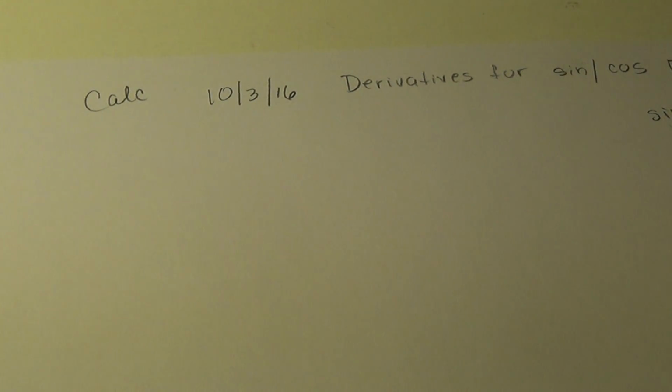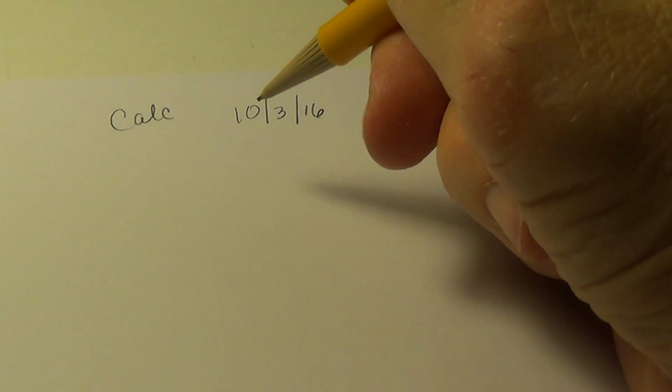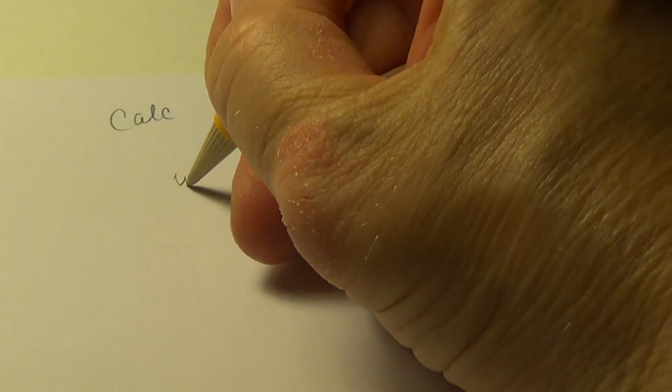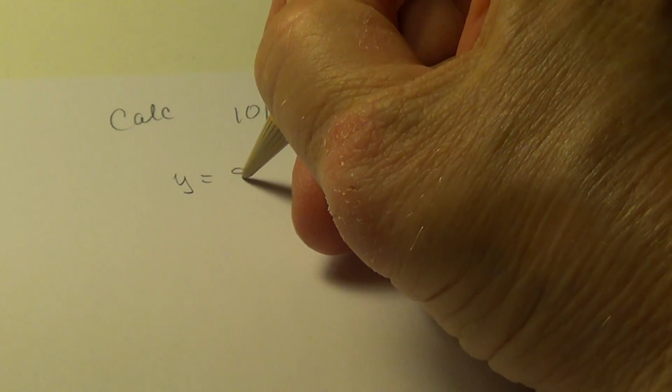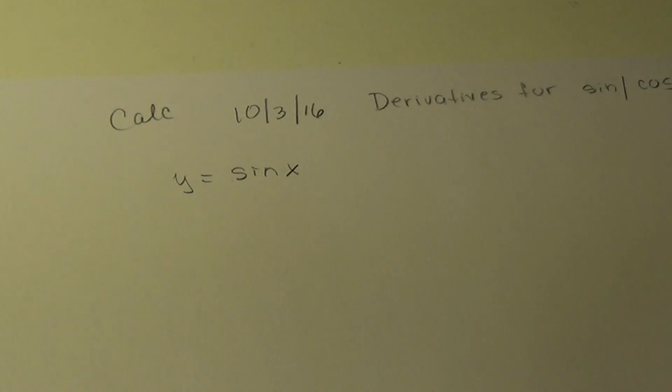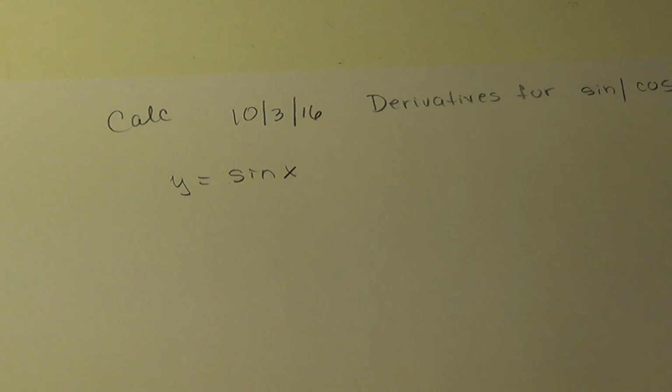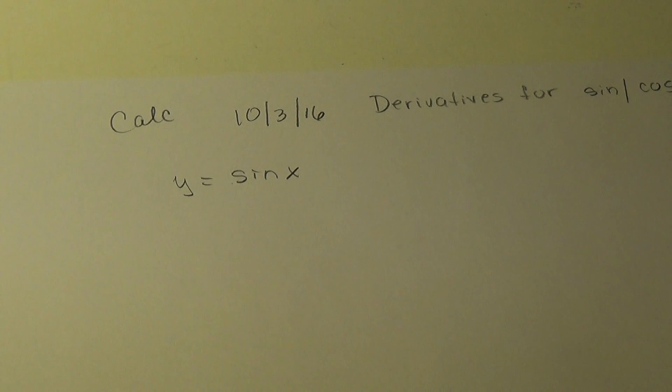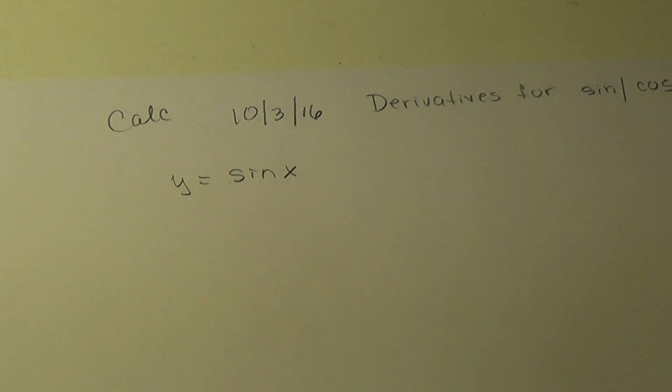Alright, I am going to actually prove to you what the derivative is for y equals sine of x. I'm going to prove it by developing a proof with the limit definition of a derivative.